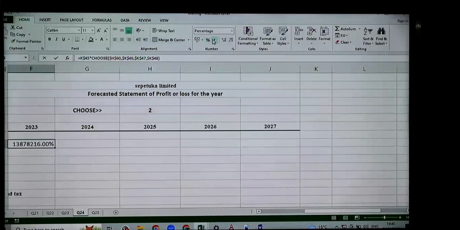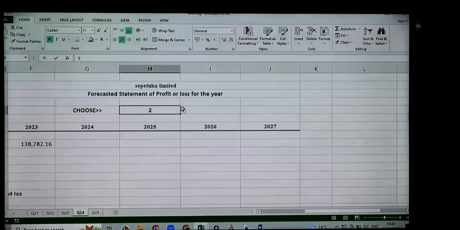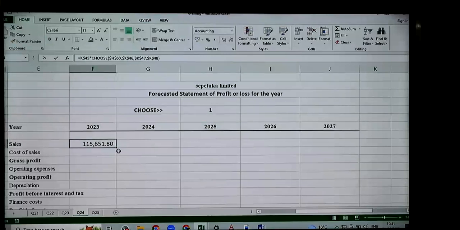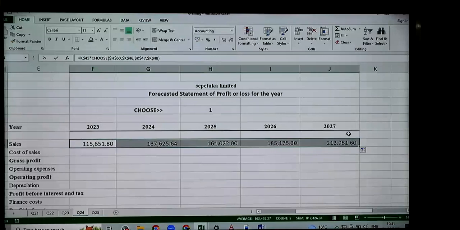Then I'll change into the ones there. Just to show you, our value 1 was our normal case, so you can see the value is just the same here. I'll drag this along up to 20.